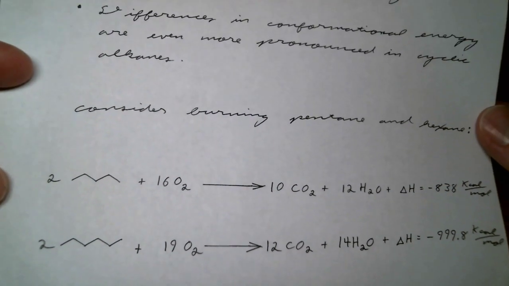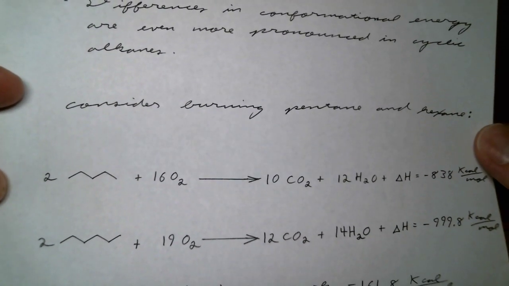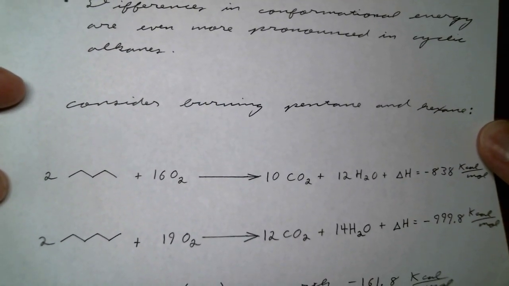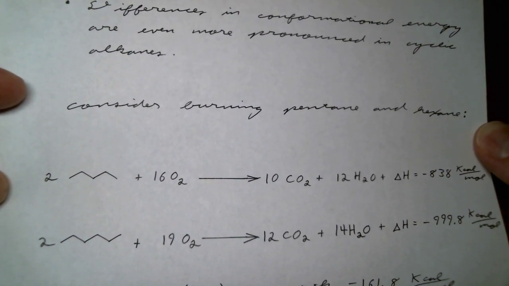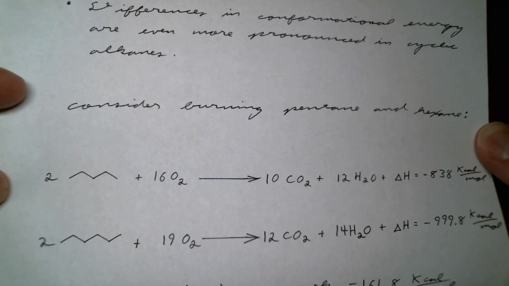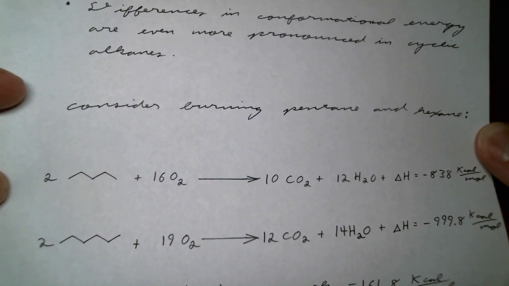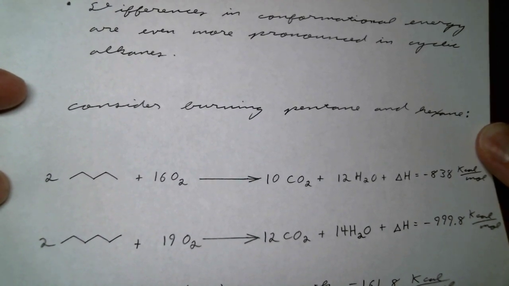So here we go. There's pentane, 2 molecules of pentane reacting with 16 molecules of diatomic oxygen, generating 10 molecules of carbon dioxide, 12 molecules of water, and 838 kcals per mole of heat.